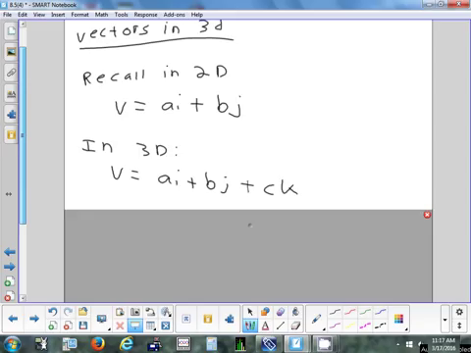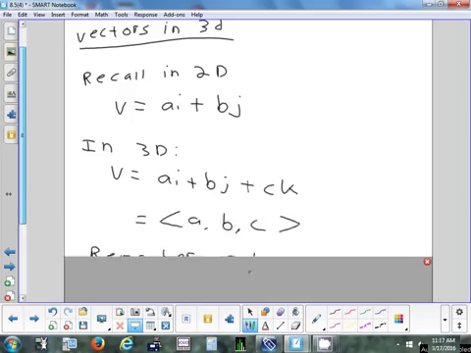Now, I, J, and K point in the positive direction on each axis, but if we had to go in the negative direction, what would we do to them? Negative. Yeah, just make them negative. Make one of them negative, and then you're in the negative direction.